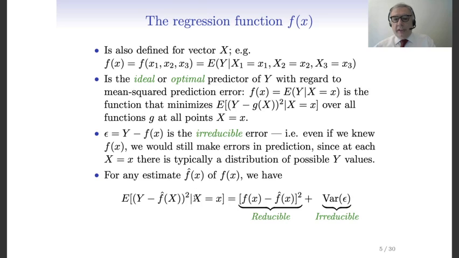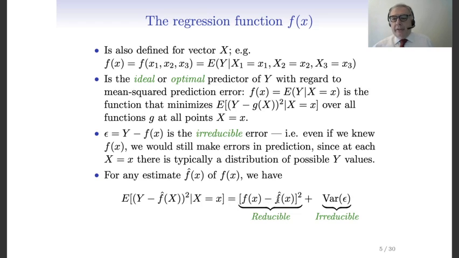as usual, considering the error conditional on a specific value of the feature vector, can be decomposed in two terms. This squared error is equal to the variance of the irreducible error, and there's nothing to do with the irreducible error. Even if I was able to estimate the true regression function f, the irreducible error would still be there, plus the square of the difference between f and f hat.